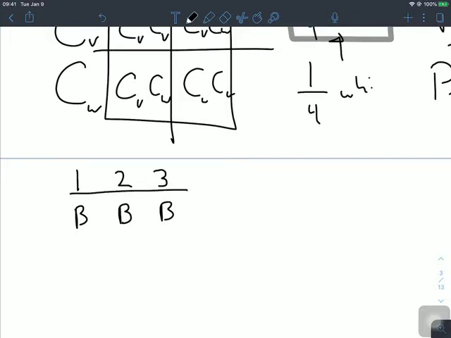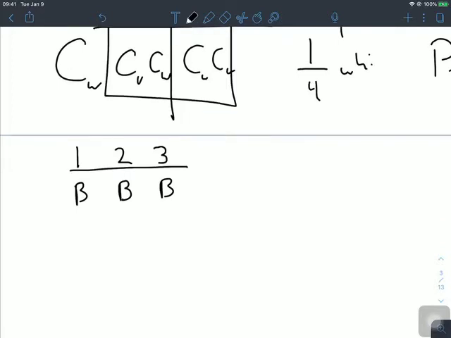What was the likelihood for my parents to have had 3 boys? Well, you had a 1/2 chance of pulling a boy the first time, 1/2 chance of pulling a boy the second time, 1/2 chance of pulling a boy the third time. Since these are 3 independent draws, 1/2 times 1/2 times 1/2 is 1/8.